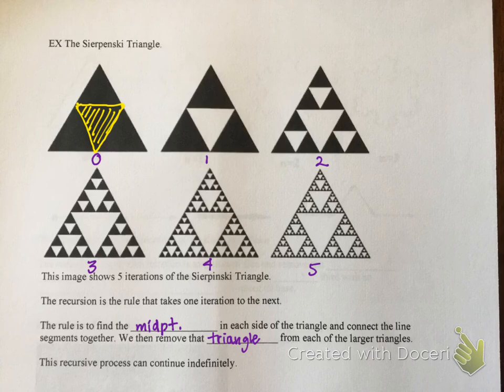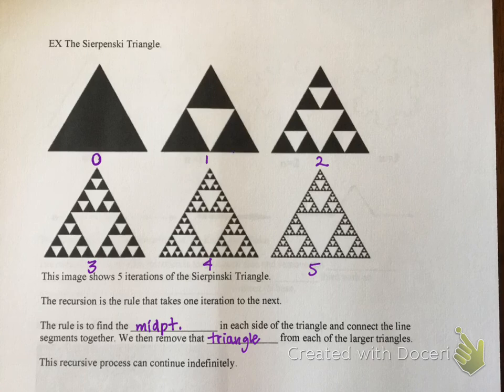So let me go ahead and erase that triangle, and I'm going to go back to my purple pen here. For the first iteration, we see that we have this shape, which, if you like Zelda, that game, you guys call that the Triforce. To get from the first to the second iteration, I do the rule again.